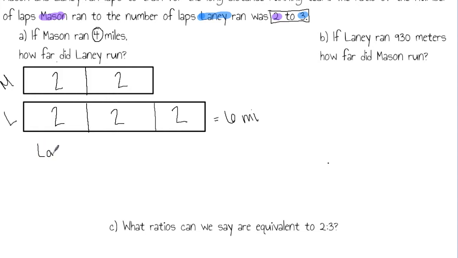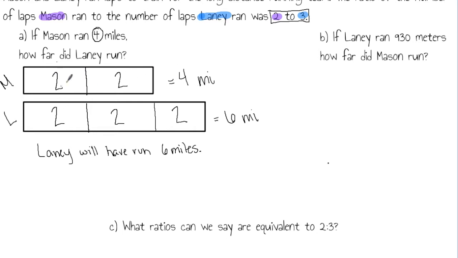So Laney will have run 6 miles. Now again, what the tape diagram shows you is that when we started, each of these was worth 1. But then, because we wanted Mason's boxes to equal 4, we didn't make 4 boxes. We said, okay, in order for this to equal 4, each box has to be worth 2.